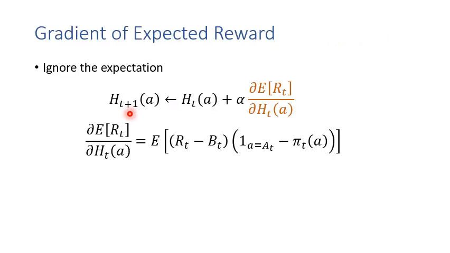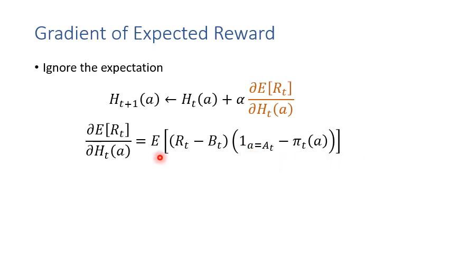Let's recall our original gradient update rule, the gradient ascent. We want to calculate the gradient of expected reward. So finally we get this, right?